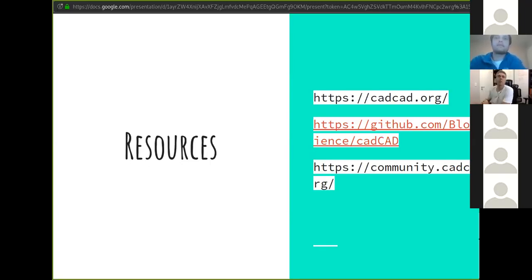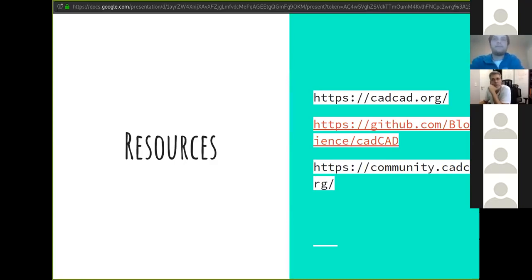I think the community is the place to start. All the discussion happens there, and there's a lot of introductory topics that can help newcomers. The documentation for cadCAD is also reasonably good in GitHub, though. I recommend checking out community.cadcad.org first; there are some articles that are more about concepts and some more about application.